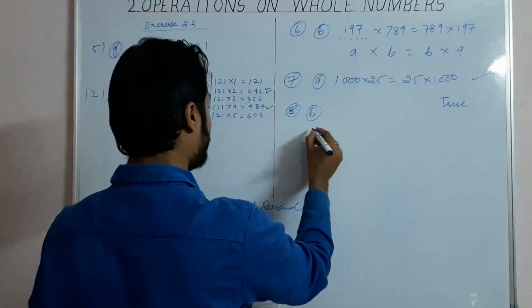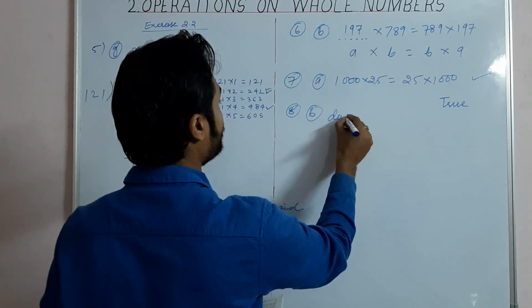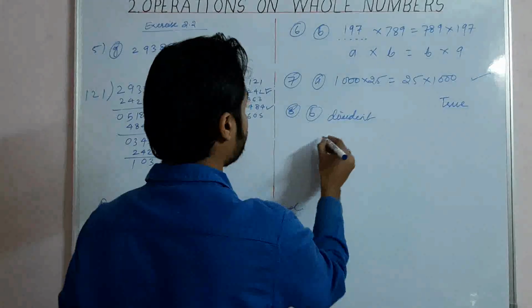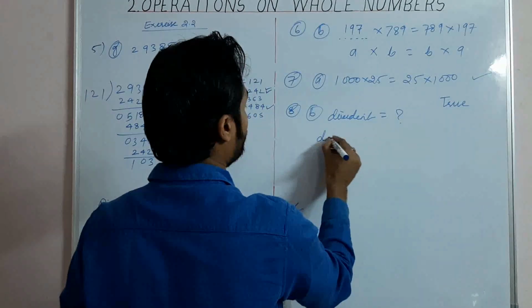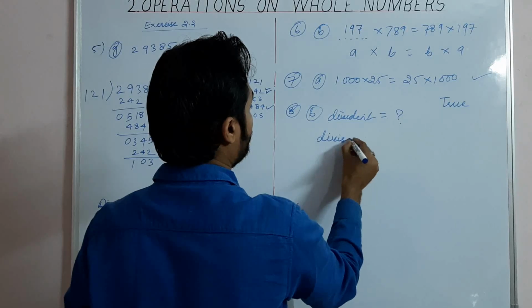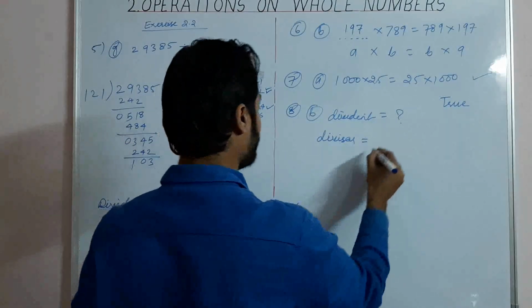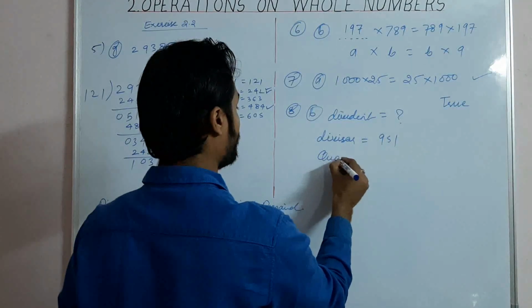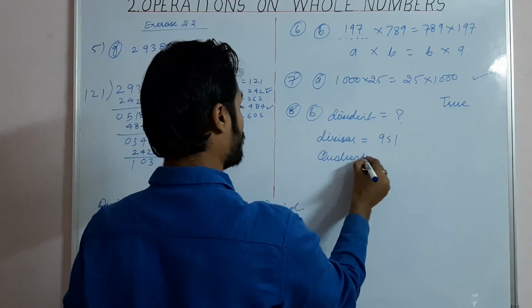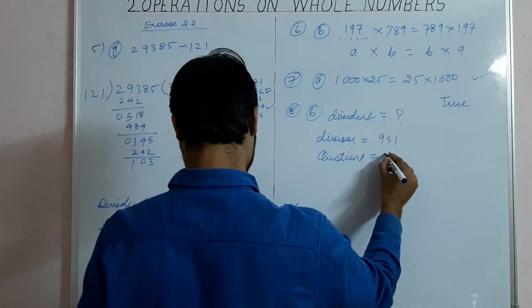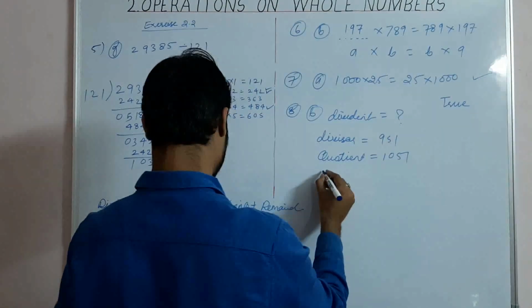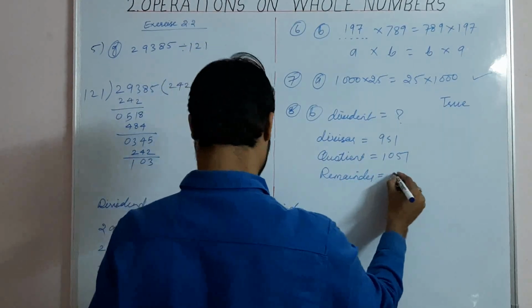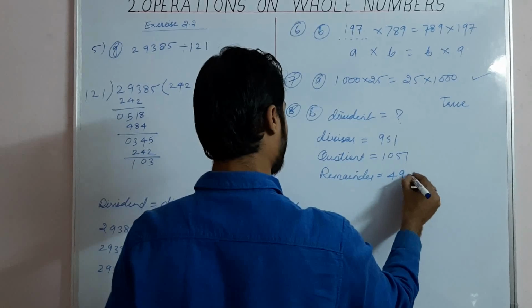Here we have to find the dividend. The divisor is given to you, 951, the quotient is also given to you, 1051, and the remainder is 498.